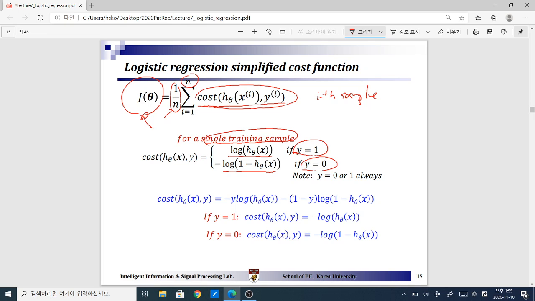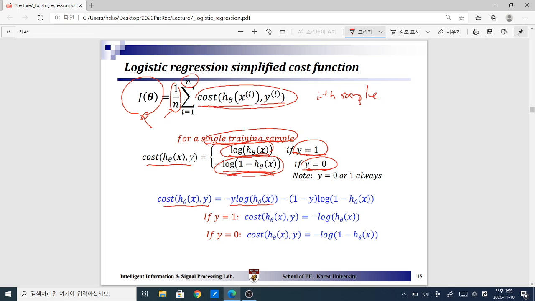Now, there's another thing that we also need to observe: this cost function for a single training sample is divided into essentially two parts, right? One for the label y equal to 1 with this, and y equal to 0 being this. So here, what I want to do is maybe combine these two together into one mathematical statement. This is the way we're going to do that: by multiplying the first term by y.